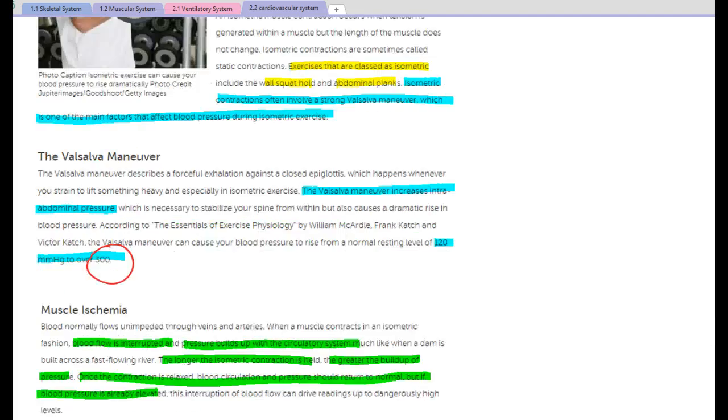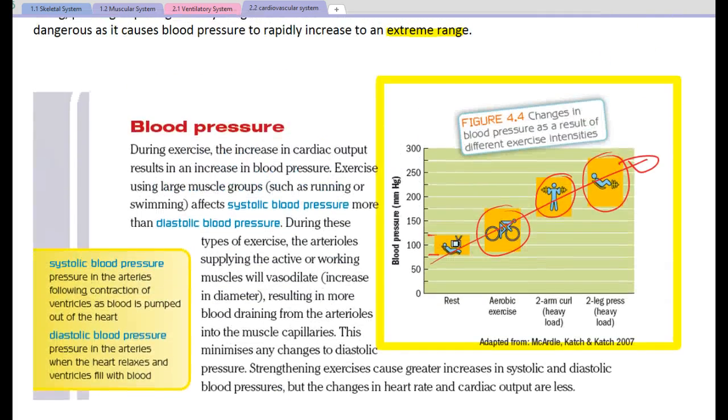Now, with that, here we can see that I'm going to be lifting a heavier weight with a leg press than with arm curls. Hence, we're likely to be holding it for longer, therefore seeing an increase in the systolic blood pressure.